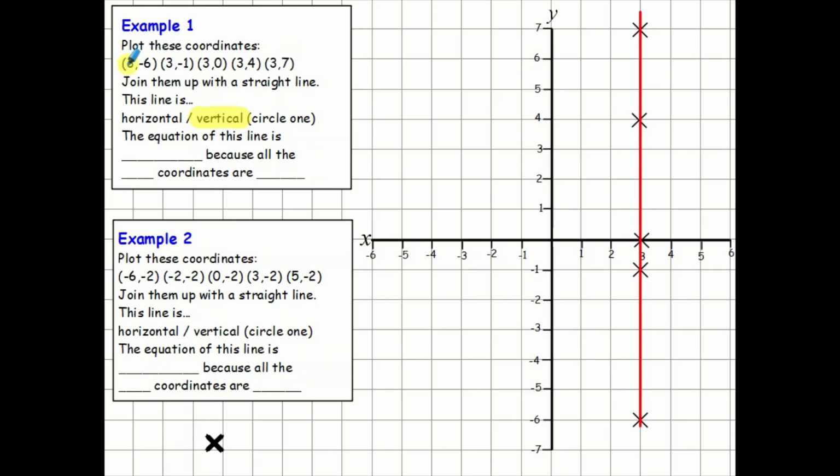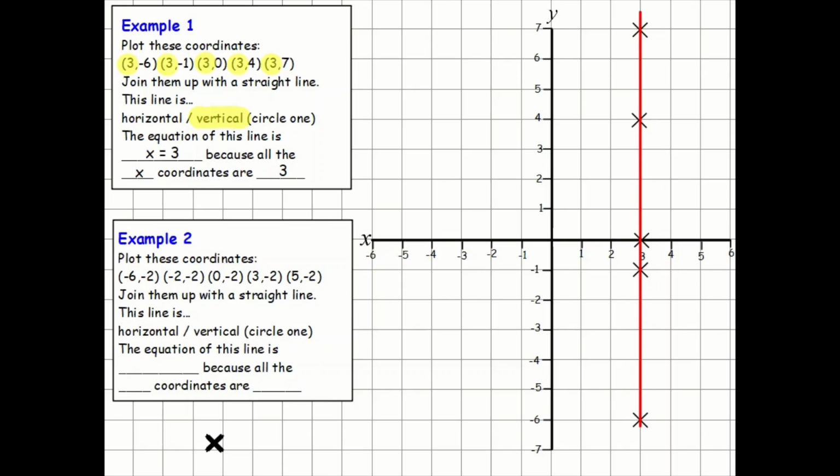The same thing each time is the x coordinate. The x coordinate is always 3. So we say that the equation of this line is x equals 3 because all the x coordinates are 3. So this line, which is vertical, has an equation x equals 3 because all the x coordinates are 3.